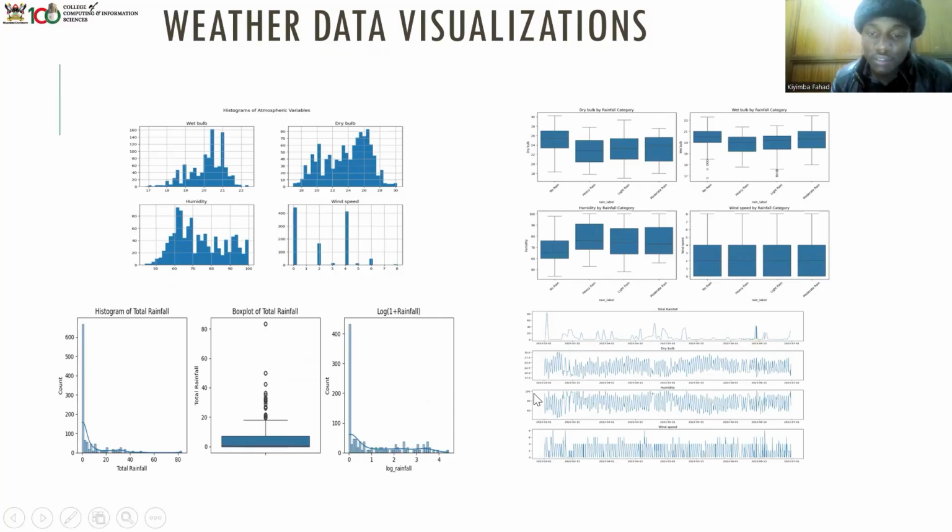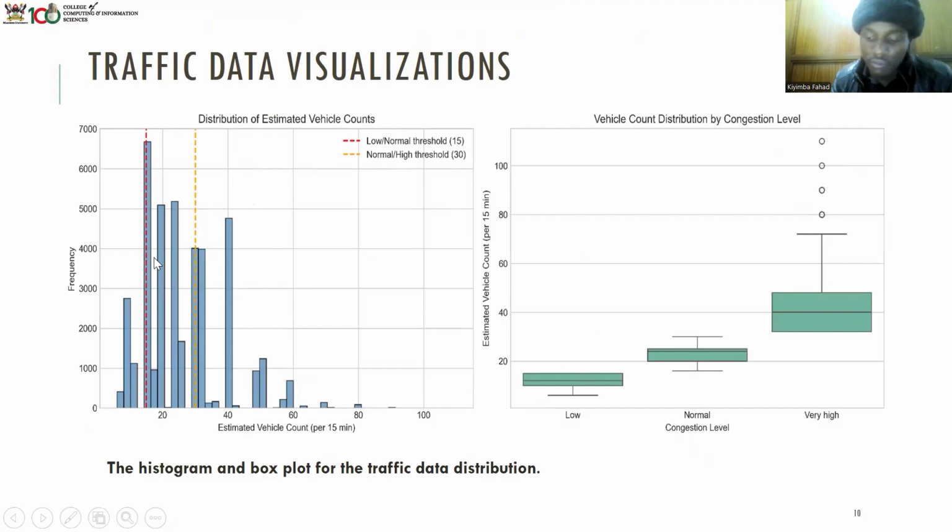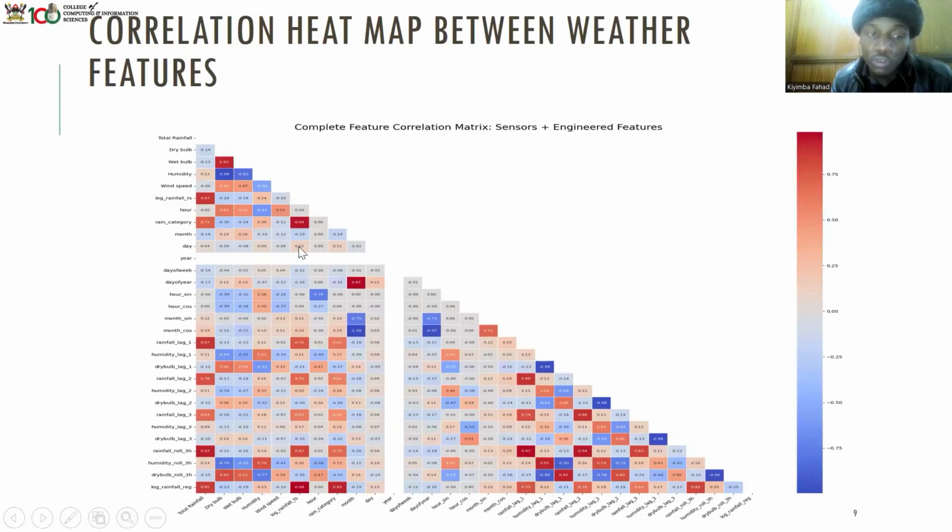This is the correlation matrix after all the feature engineering and pre-processing. We could see that the total rainfall was highly affected by these rollings, and all the flags really affected it. But the rainfall category was affected by all those engineered features, though not as much as the total rainfall.